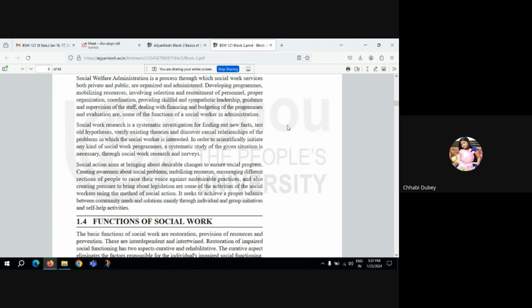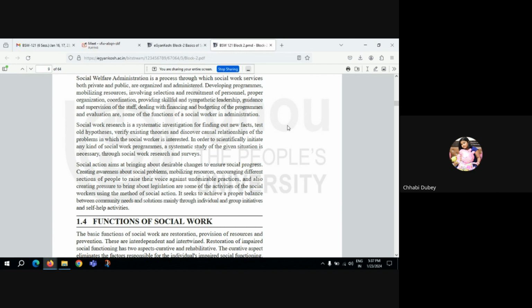We will be using the scientific process to carry out the investigation, and that means these various problems will be systematically investigated through social work research and surveys.